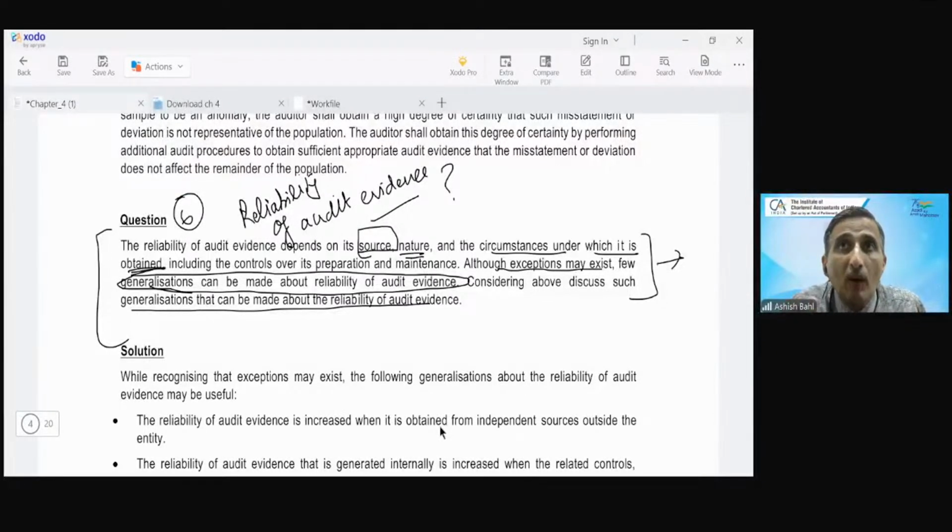When he performs something, that act is in fact more reliable than just an inquiry. If the controls are operating satisfactorily, then the reliability of audit evidence is also increased, because the auditor knows that the controls are operating effectively, so there is a likelihood that they would be able to prevent and detect material misstatements. Clear?